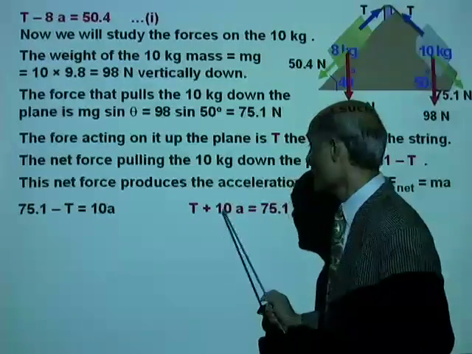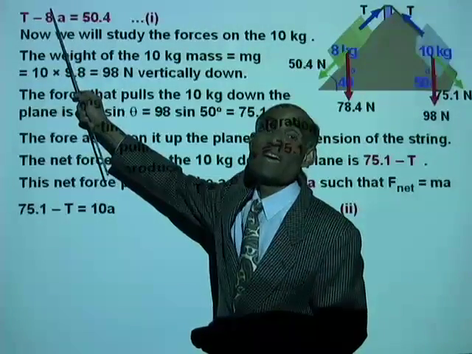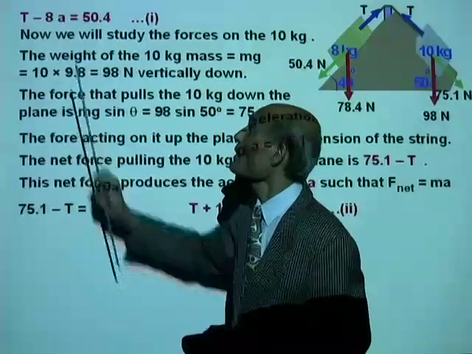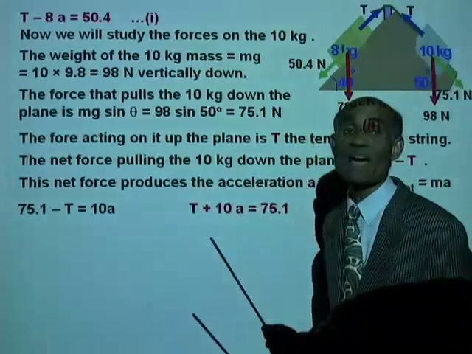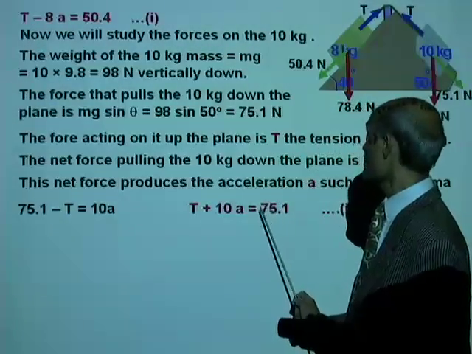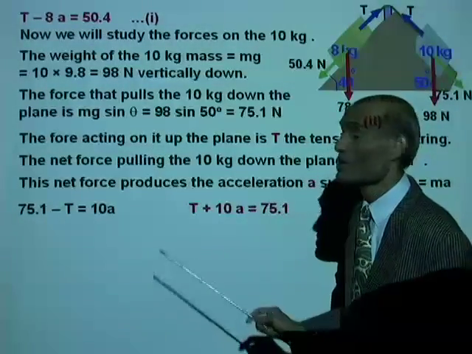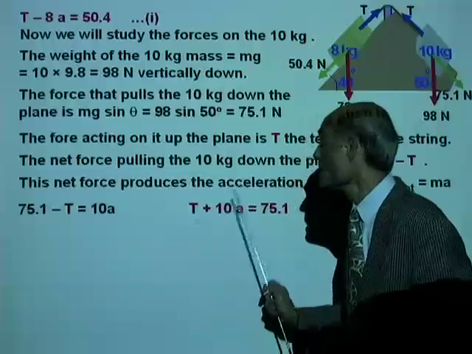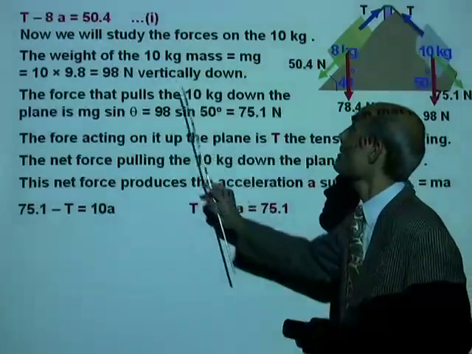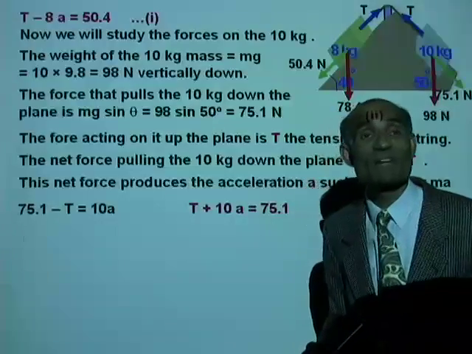T disappears. 10a minus negative 8a will be 18a. And 18a is on the left side. Now 75.1 minus 50.4. So 18a equal to 75.1 minus 50.4, and you can find your a.